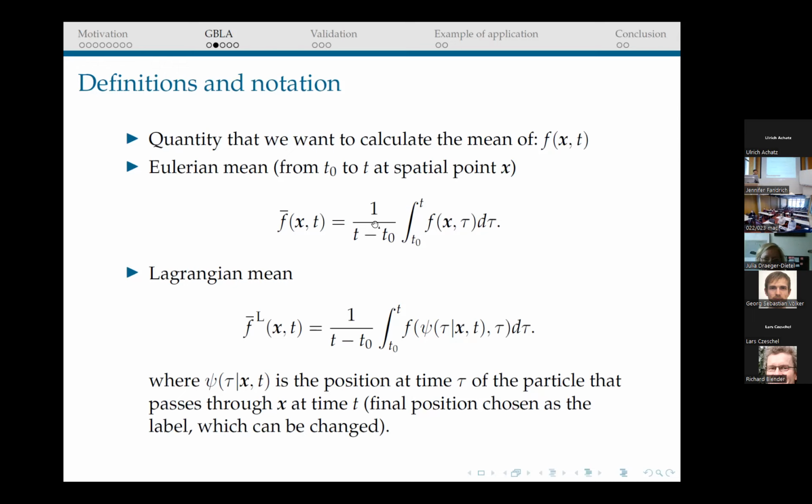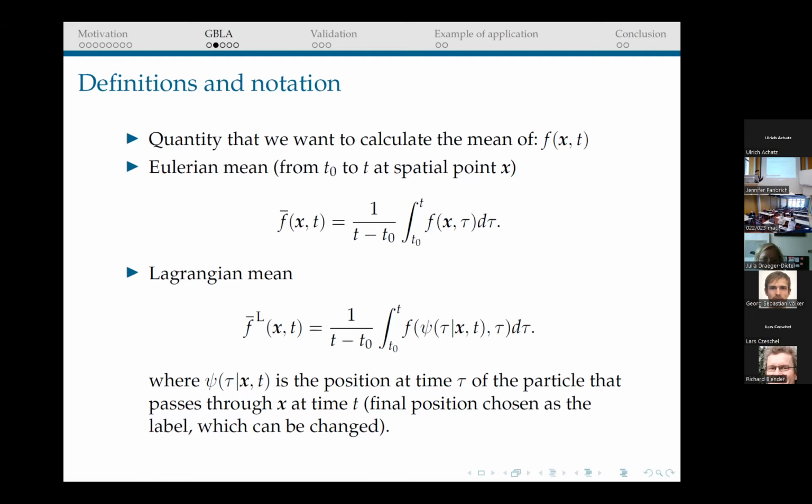The Lagrangian mean, I use a bit of a weird notation, but it's quite useful. I use this psi of tau, x and t. When it comes to Lagrangian averaging, I'm following a trajectory, so I need to label that trajectory. And this x and t are the label of my trajectory. So if my particle crosses point x at time t, I use that as a label, and then psi gives me the position of the particle at any time tau.